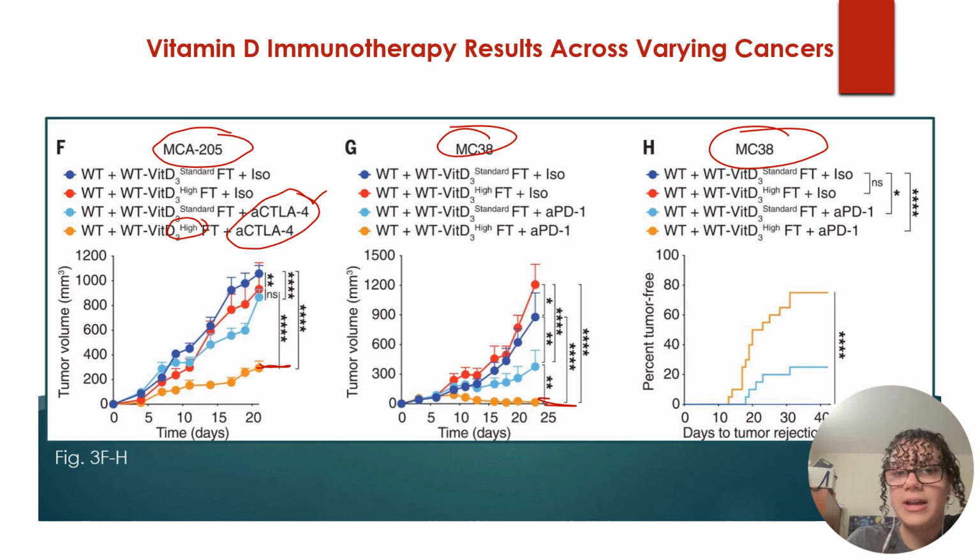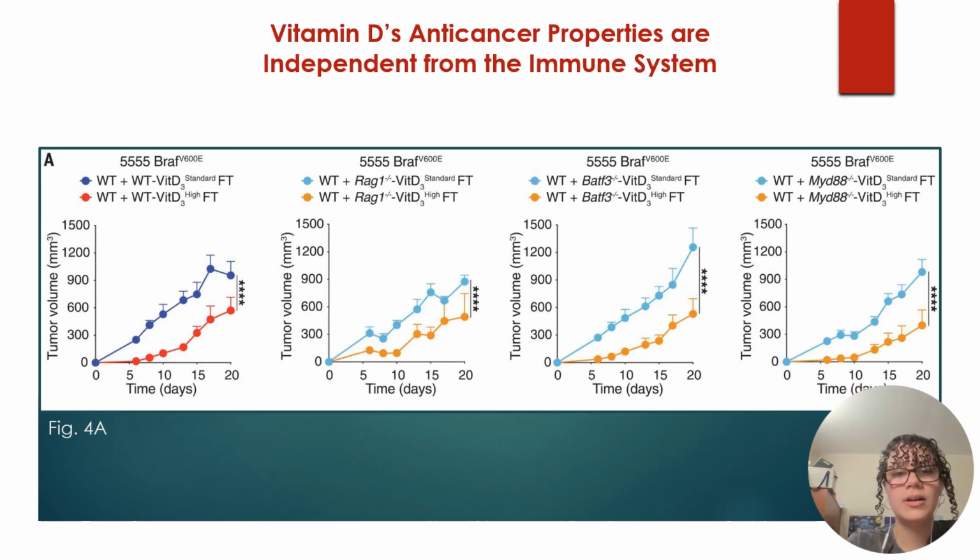Here, this final graph, in my opinion, is the easiest to read, as the standards for comparison are deemed insignificant, and you only see the wild type with the standard and the wild type with the high fecal transplantation with the immunotherapy. So of course, as you can see here, the one with the higher diet has a higher percent tumor-free area.